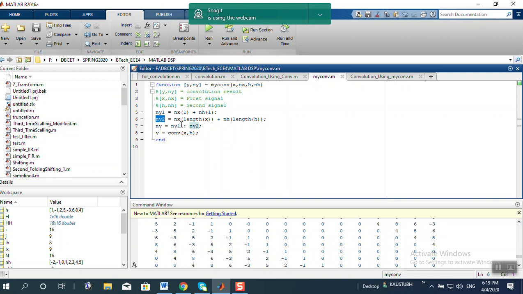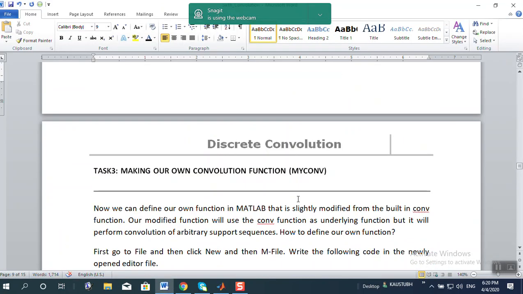So nx within bracket length of x. Suppose the length of x is 7, then nx7 will be the ending point. I'll explain with this example.